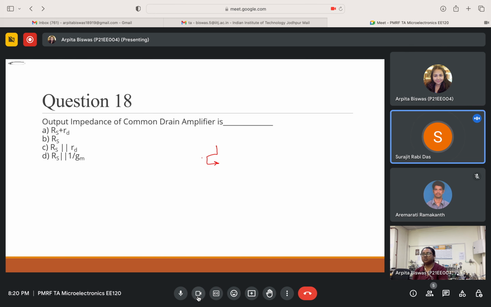See, here the RS is present and the FET also gives a resistance value 1 by GM. So if you are looking in from that side and here it is grounded, you can recheck it, because from this direction this 1 by GM is parallel with this RS.